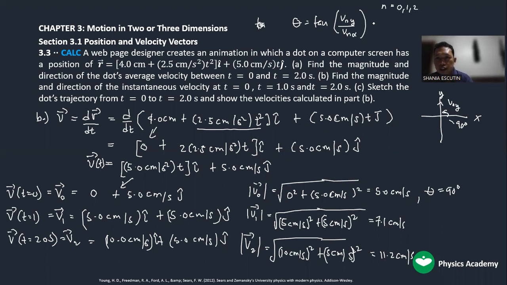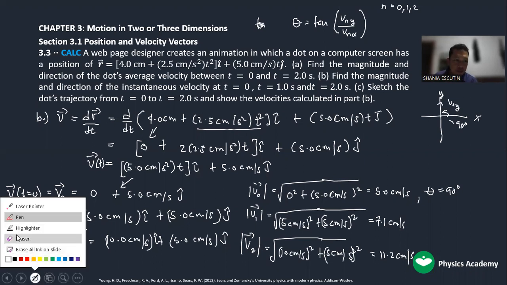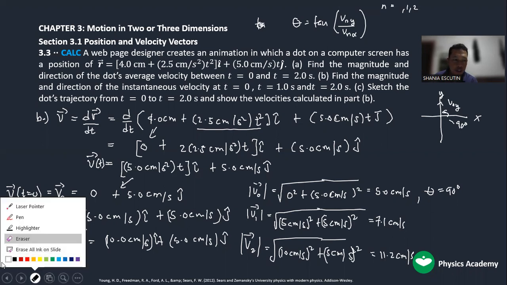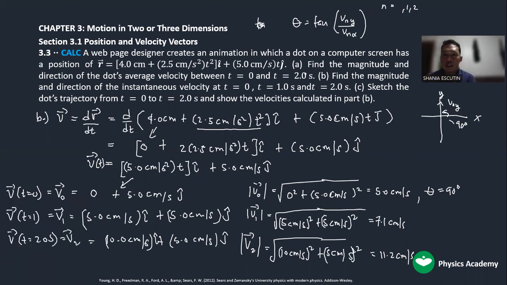So for example, for v sub 1, both components are positive.